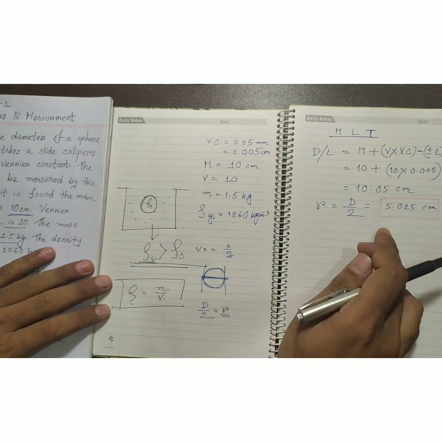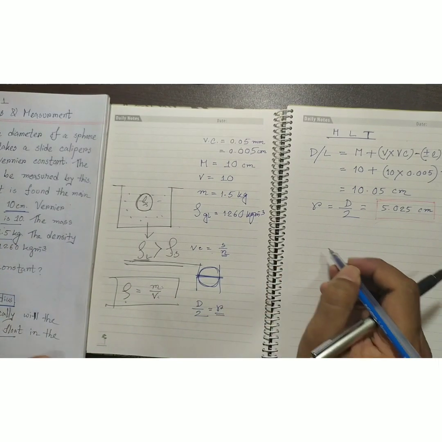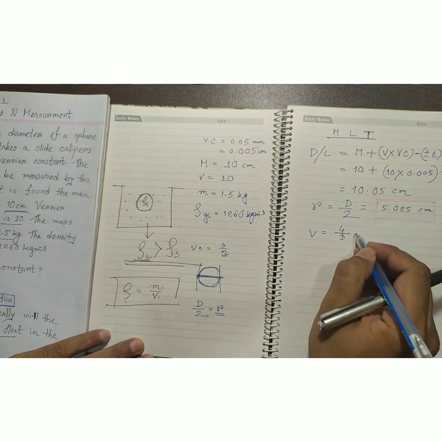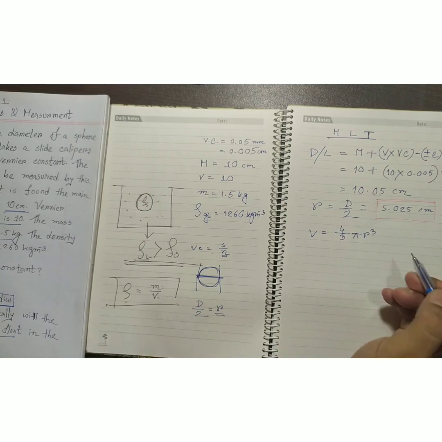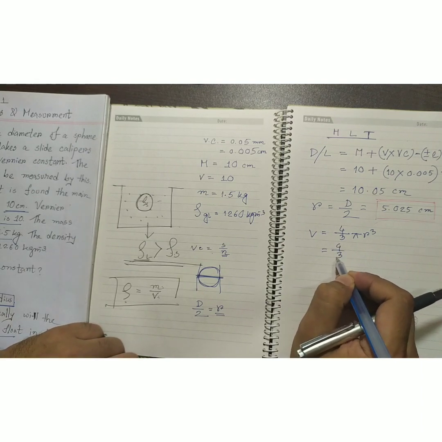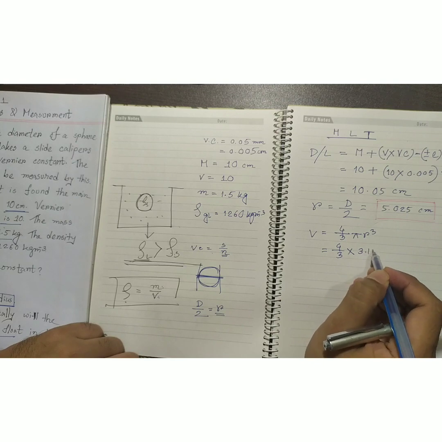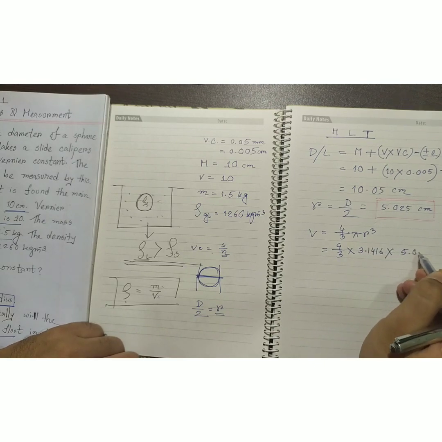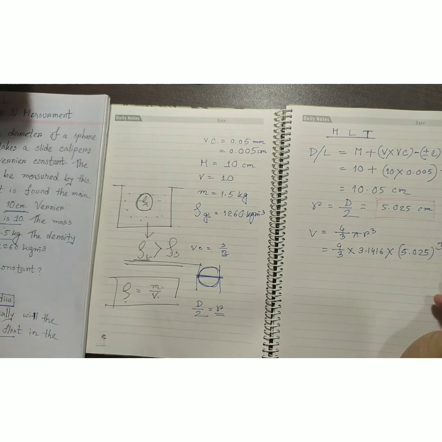So how to find it? We need to know the volume of the sphere, and the equation is 4 by 3 pi r cube. As it is in centimeter, we have 4 by 3 times 3.1416 times 5.025 cube, and this is the calculation.